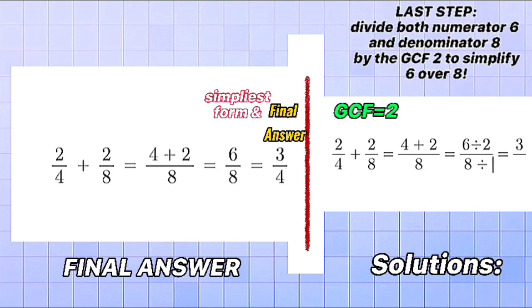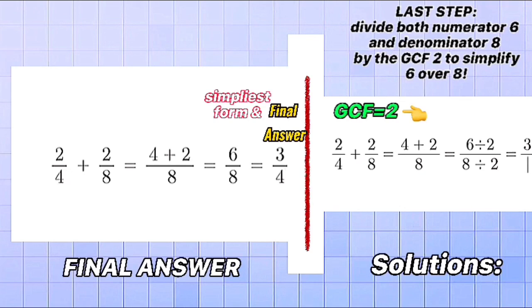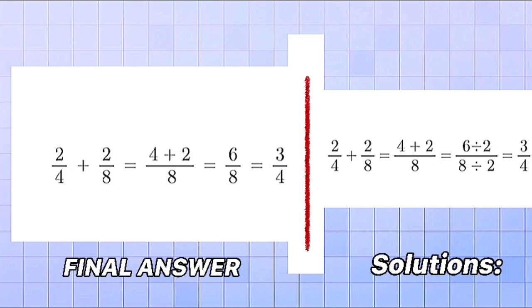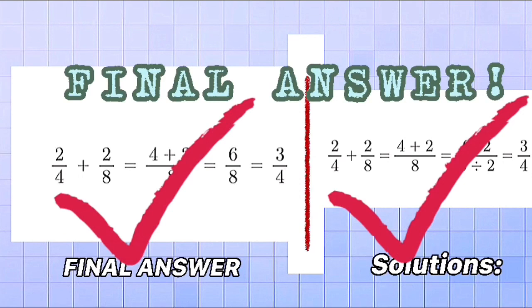The next step is the same as the first step. However, we have to divide the denominator 8 also by our GCF 2. The answer is 4, and we put it right on our denominator. That means that the simplest form of 6 over 8, and our final answer, is 3/4 or 3 over 4.